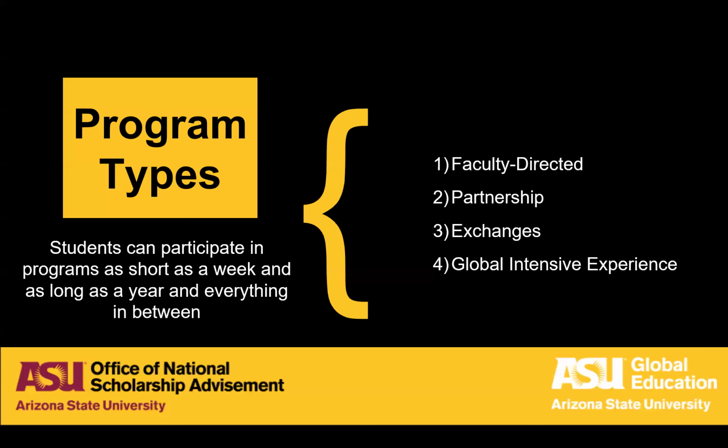Those are typically 1 to 2 weeks and happen over spring break, winter break, or summer break. The summer break global intensive experiences often are right after the end of the spring semester or right before the beginning of the fall semester.